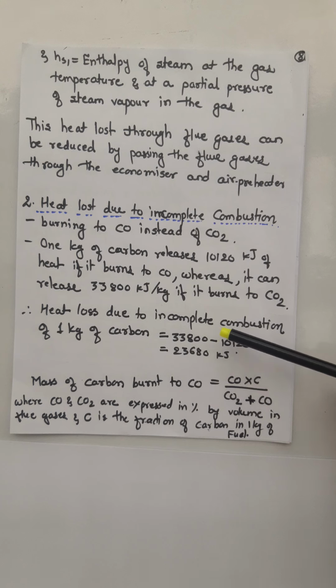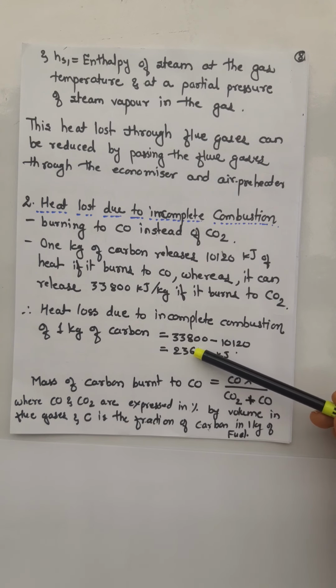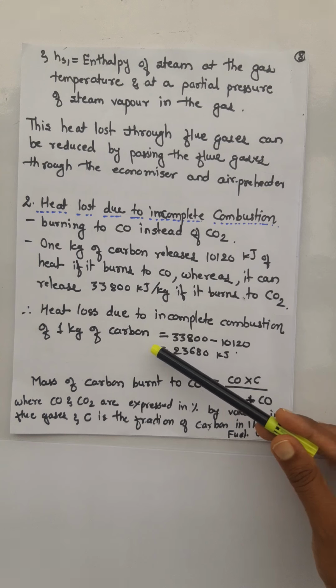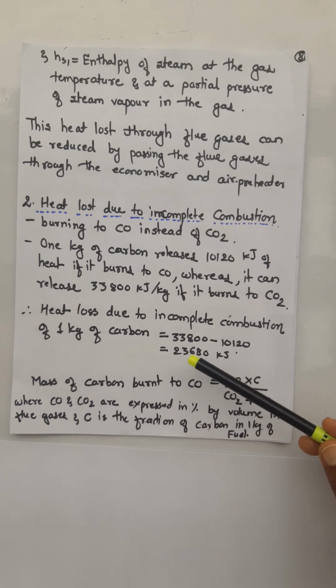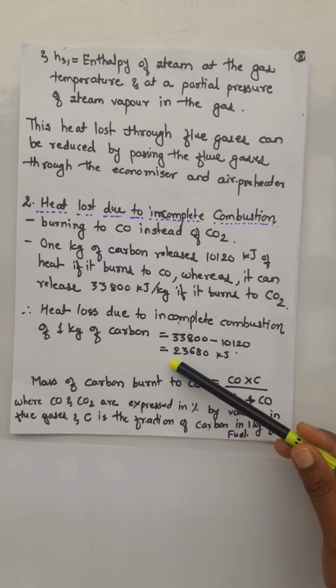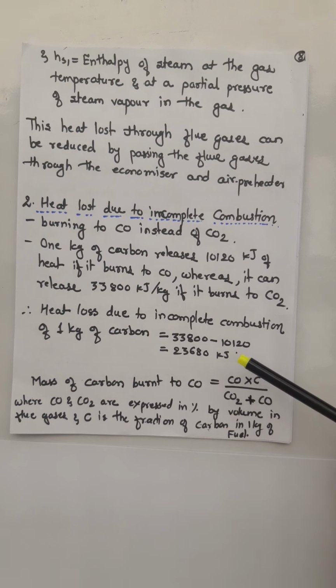So the heat loss due to incomplete combustion of 1 kg of carbon is given as the difference between these two, that is 33800 minus 10120, which is equal to 23680 kilojoule. So heat loss due to incomplete combustion of 1 kg of carbon is 23680 kilojoule.